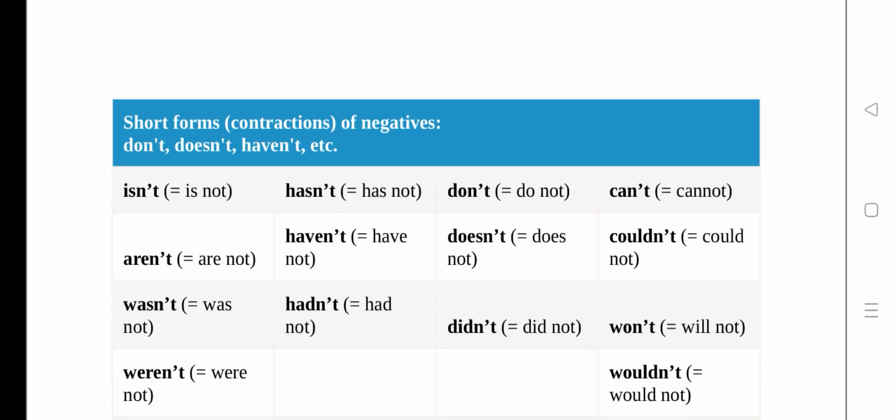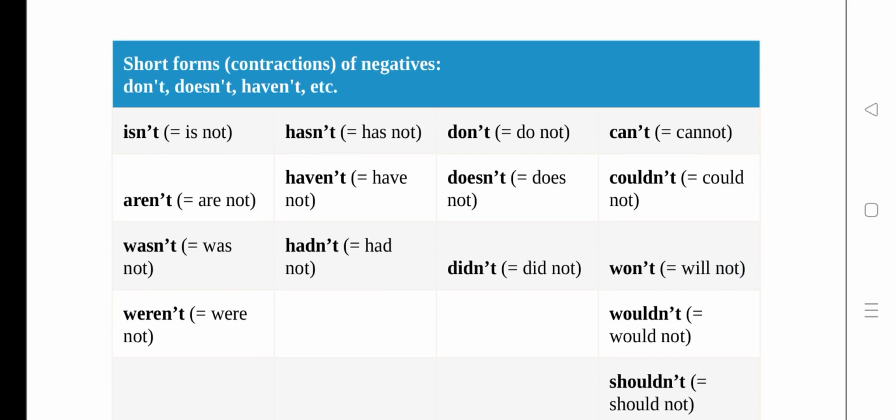So, short forms, contraction of negatives. We also have short forms of negatives. So we use isn't instead of is not, hasn't instead of has not, don't instead of do not.